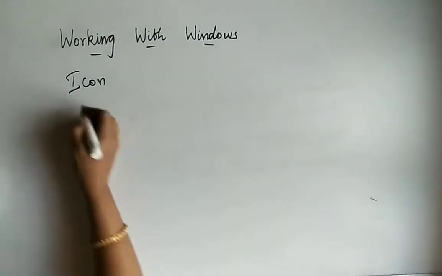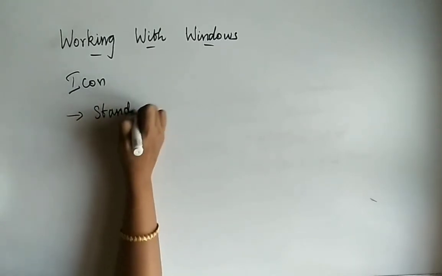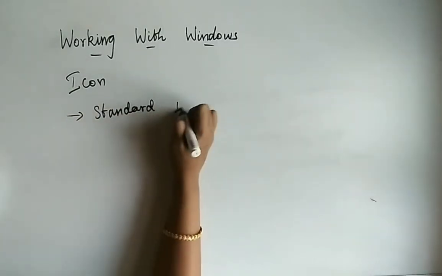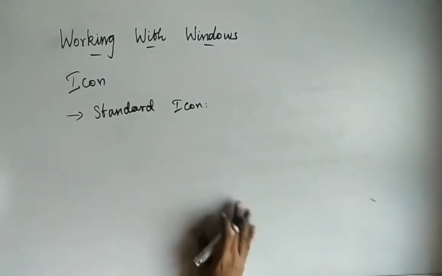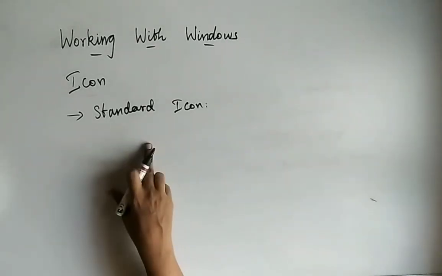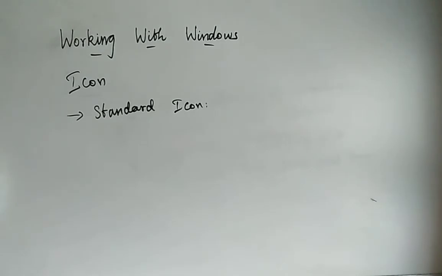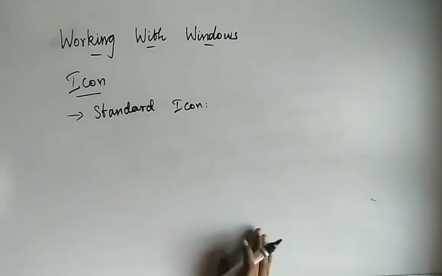Okay? So the first one is the standard icon. By the name itself, it is standard for you. When you install the Windows operating system, these standard icons will be automatically displayed on your desktop.